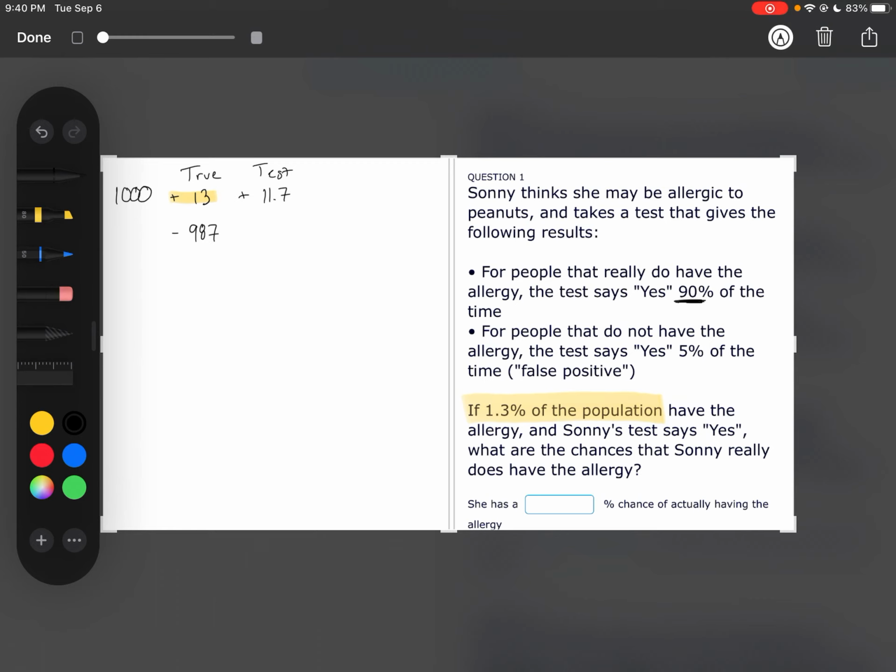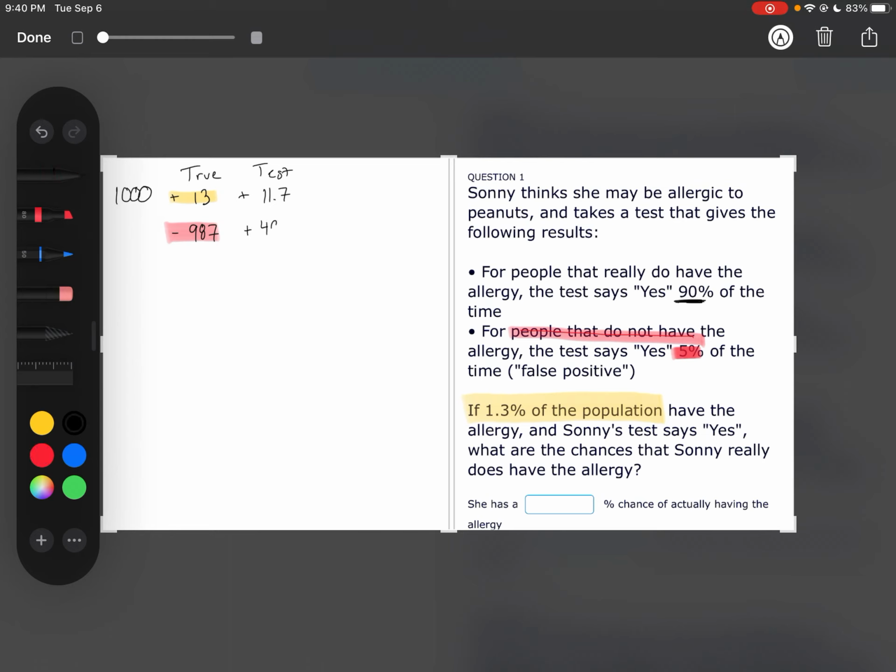Okay, we have to look at our next positive test here. So for people that do not have the allergy in the population, so that would be these 987 do not have the allergy, 5% of them are going to test positive, even though they don't have it. So 5% of that. So we'll do 987 times 5% times 0.05.